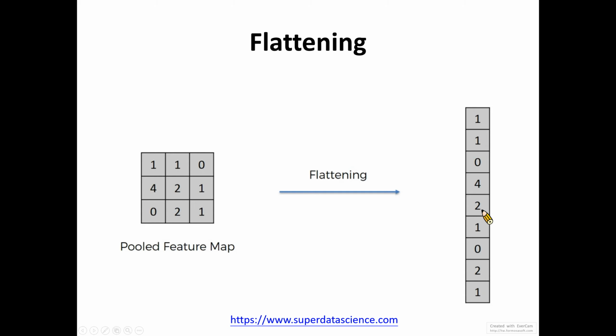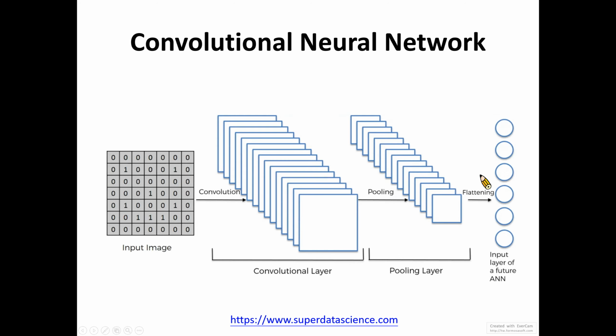Here is 4, 2, 1, and the third line is 0, 2, 1. So for the 3 by 3 two-dimensional matrix, we can flatten it into a one-dimensional vector. Using this one-dimensional vector, we can use it as input values to our neural network.